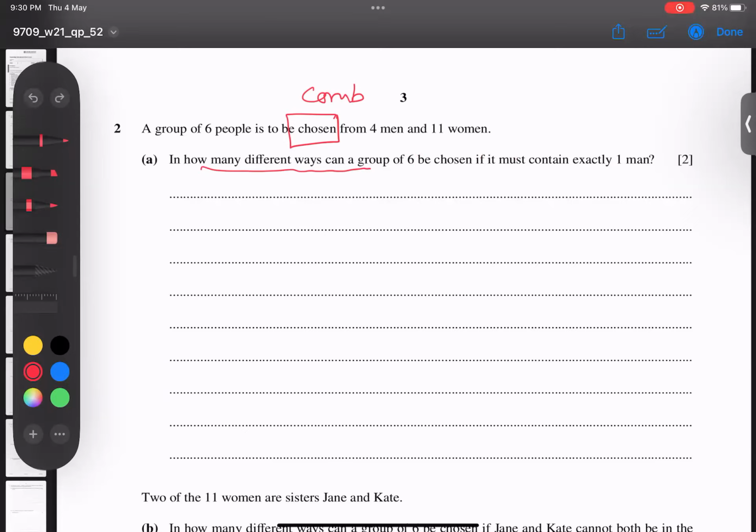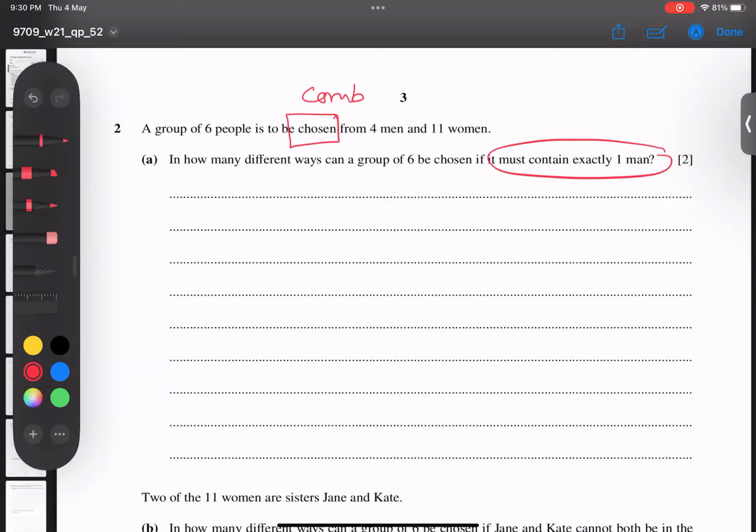I repeat again, he's saying exactly 1 man must be there. So what I will do, because they need exactly 1 man.